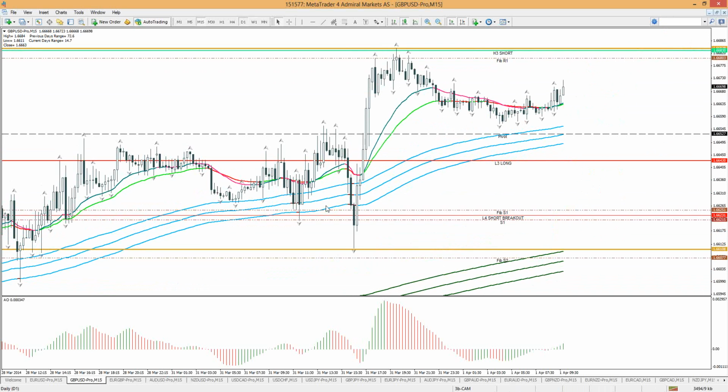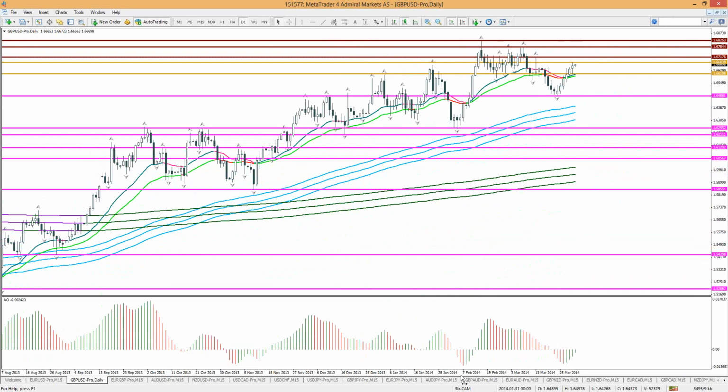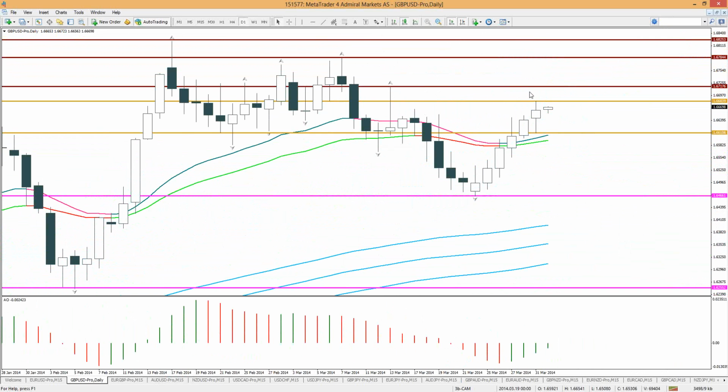Take a quick look at the daily. The daily chart is showing, watch out for daily fractal, by the way, at 167.18. Okay, so when we break the top, there is maybe some minor space here, not that much, 34 pips before we break it or bump into a new daily fractal.